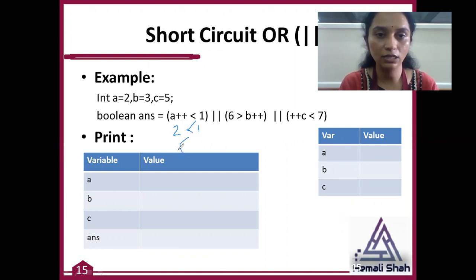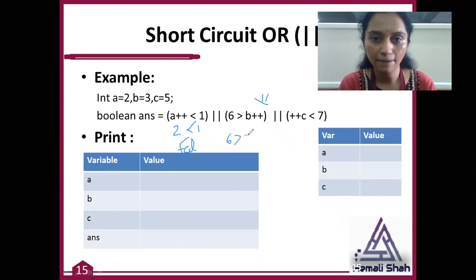This is a false condition. So the OR stops checking when it gets a true value. Since this is false, the next part will be executed. So B, 3, compared with the value of C, is a true part.